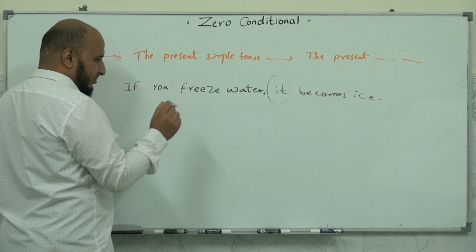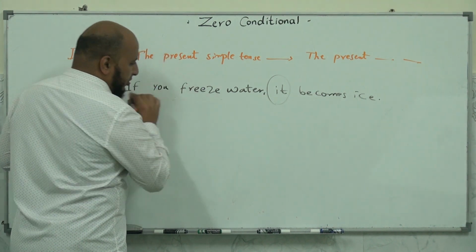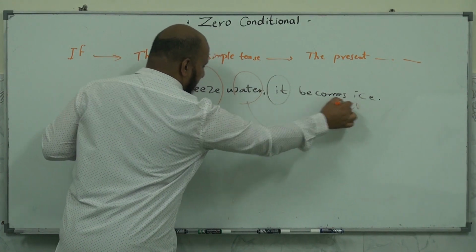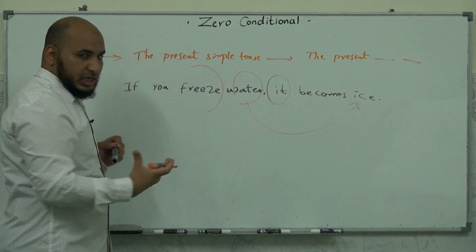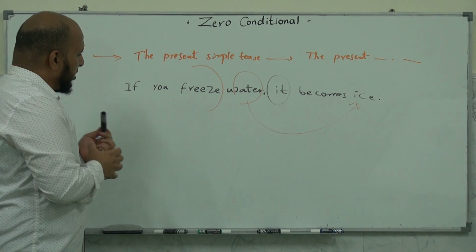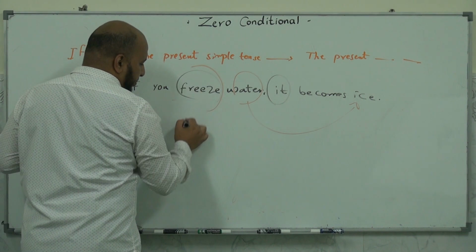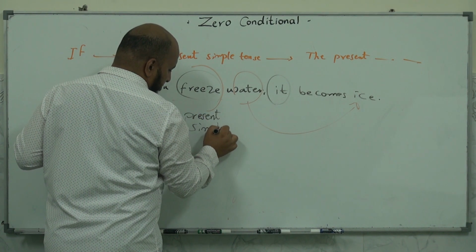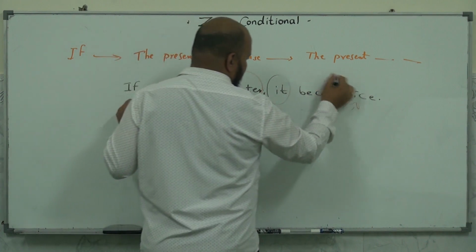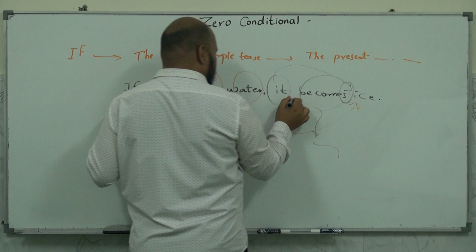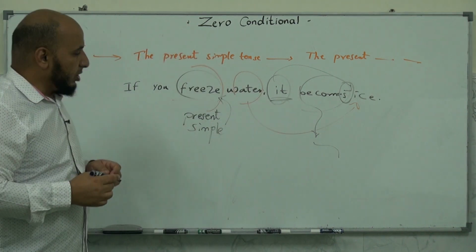Another meaning: you can say that the water will be ice if you put it in a freezing mode under zero. So, present simple, and in this present simple, it takes s because it's a singular pronoun.